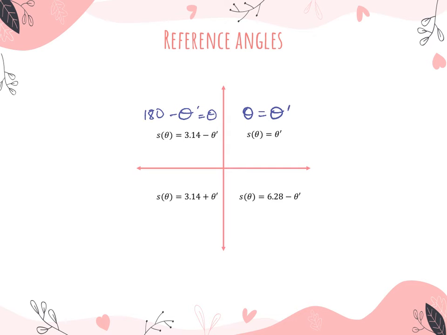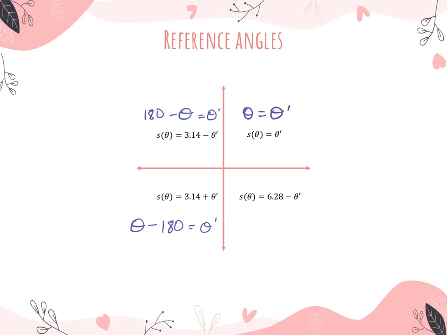So if it was 150 degrees, we would do 180 minus 150 and I'd get 30 degrees. If it was in the third quadrant, we did the angle minus 180. There we go. And that's the reference angle.